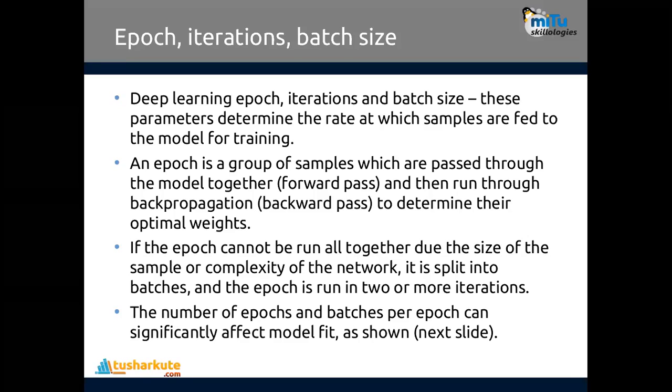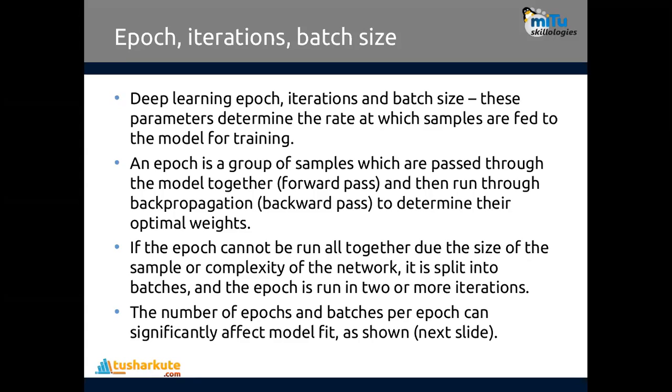When I need to work on a graphics card in deep learning, it is because I can run the system in parallel in the form of batches. So the first batch runs on the first core, second batch on the second core, third on the third core, fourth on the fourth core. Obviously, whatever task takes 10 seconds can be completed within 1 second, because that many cores are used and we are doing the operation in parallel. That's it. So an epoch can be run in two or more iterations.